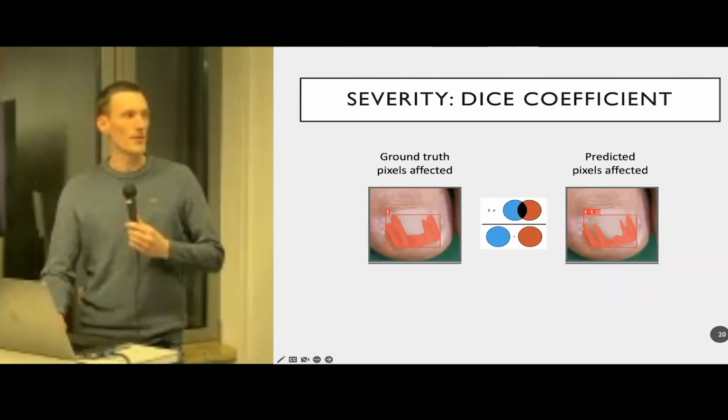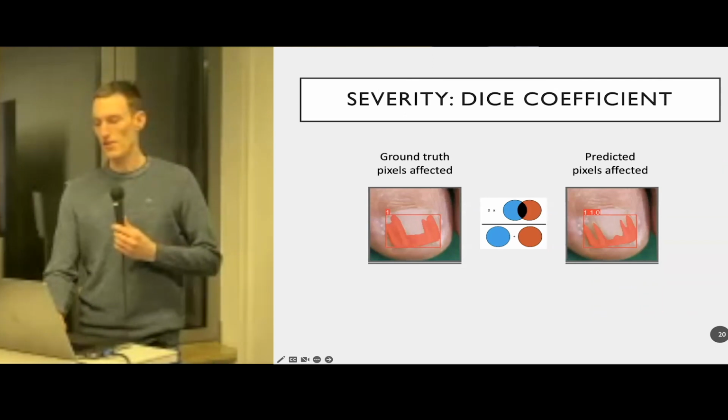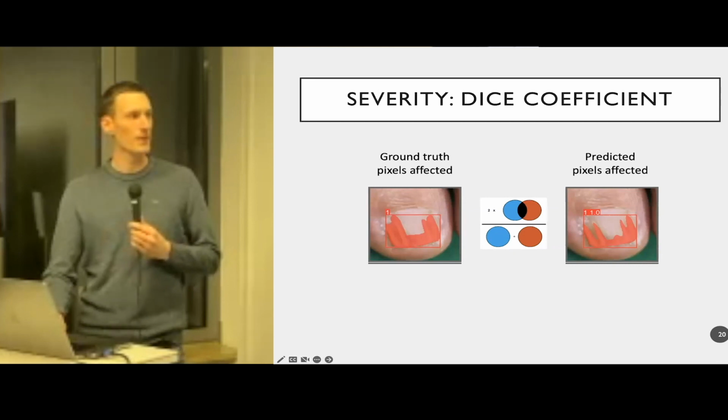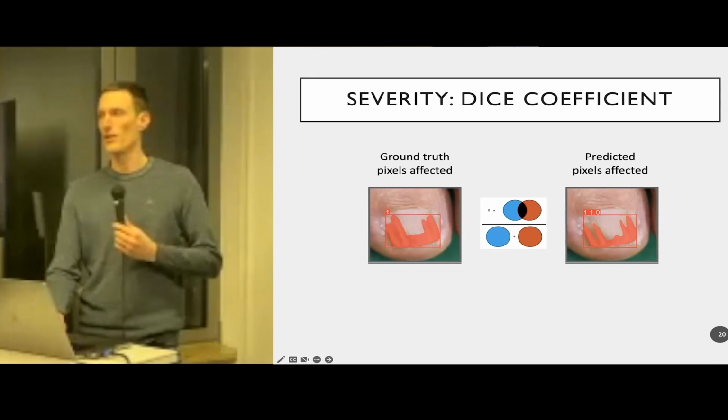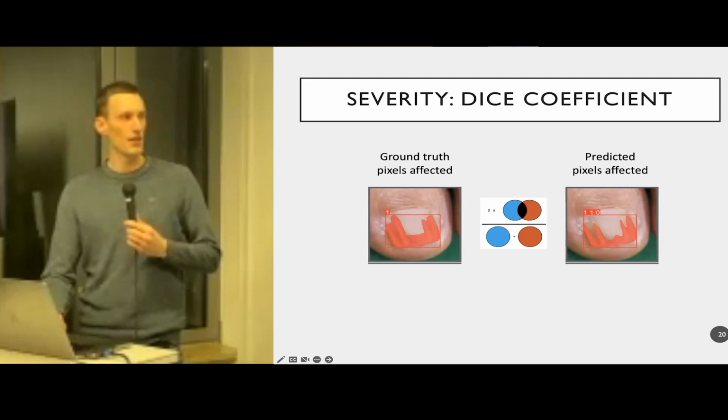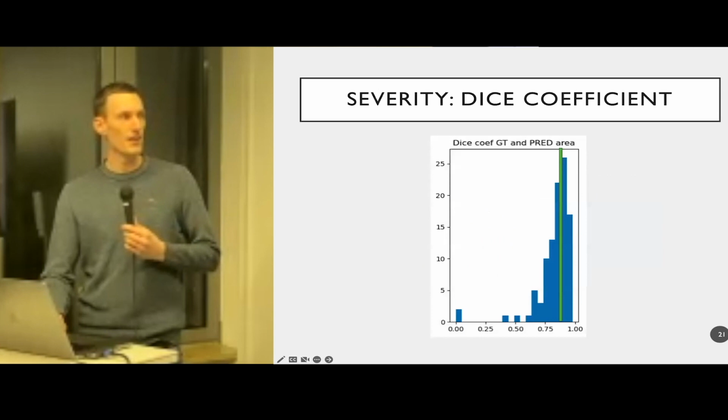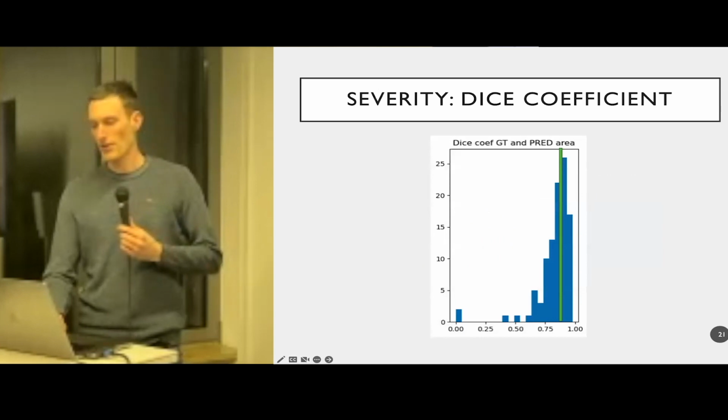Another thing one can look at is the dice coefficient, which is used to compare pixel-wise agreement of segmentation masks. This is basically 2 times the overlap of the 2 masks divided by the sum of the 2 masks. And the dice score was around 0.8, which is also quite high and indicates a high pixel-wise agreement of the masks.